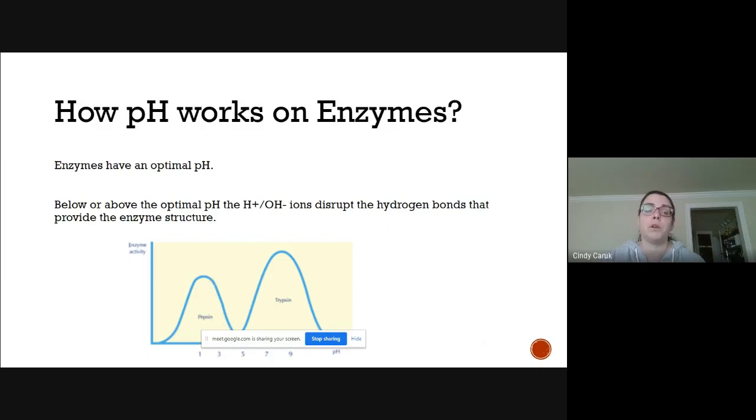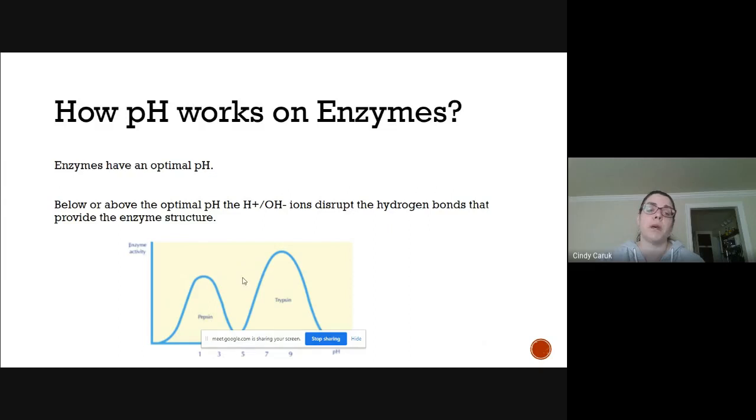Okay, so pepsin works at an optimal pH around 2. So it needs to release hydrochloric acid to make that pepsinogen active. But when that acid chyme enters the small intestine, the trypsin, still breaking down proteins, is only going to work at an optimal pH of 8. So the pancreas had to add bicarbonate in to up the pH.